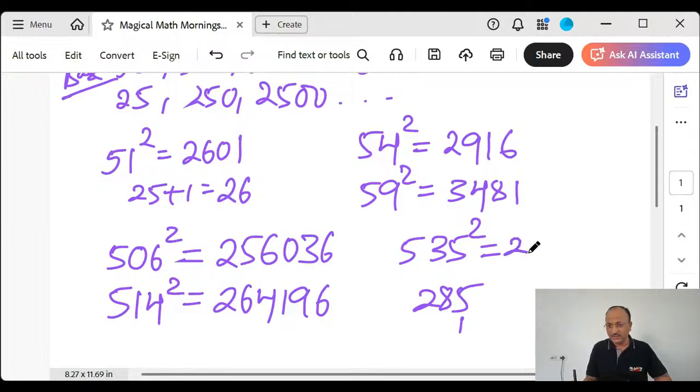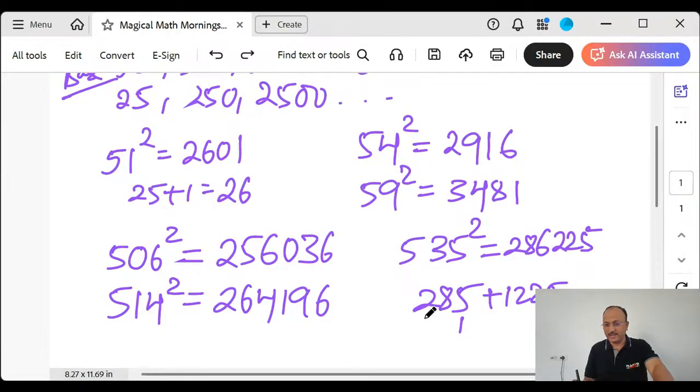What will we get? 286, 225. Perfect. That means 285 plus 1225. Because it is having a base of only 3 digits, we consider 3 digits. The rest of the one carried, we are going to add it here. Very simple.